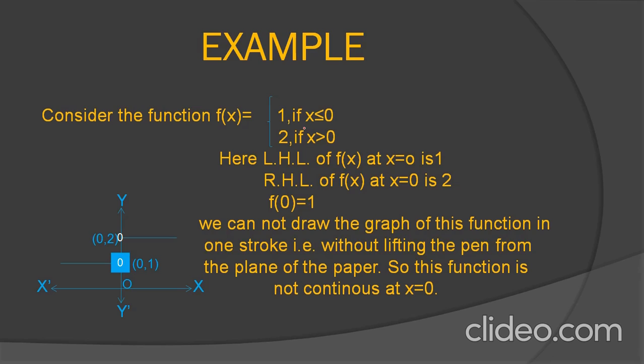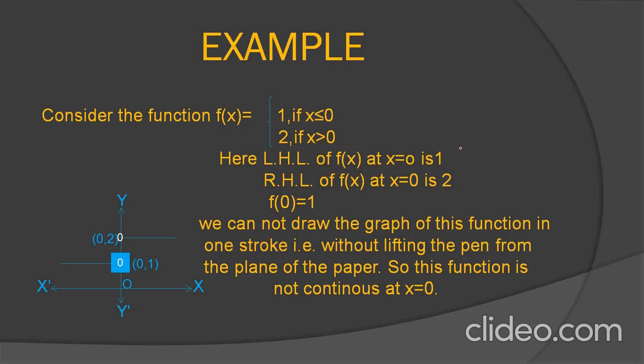Again, the value of the function at x equal to 0 is given to be 1. You can check from the question that f of x is equal to 1 if x is less than or equal to 0. So at x equal to 0, the value of the function is 1.